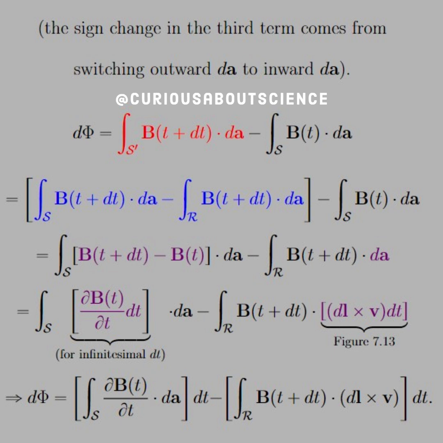Now we can factor that dt out of both of these integrals, and the change in flux for the S integral becomes partial B of t over partial t dot dA times dt, minus the R integral of B of t plus dt dot dl cross v times dt.